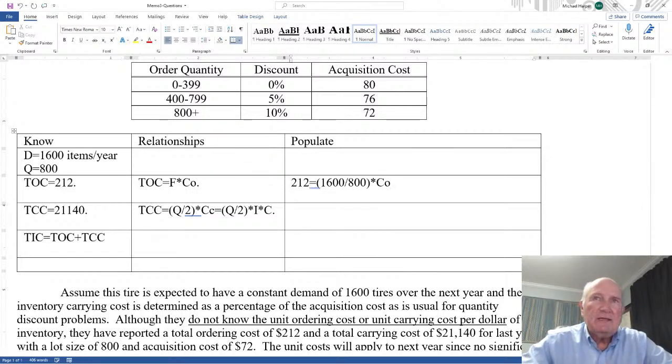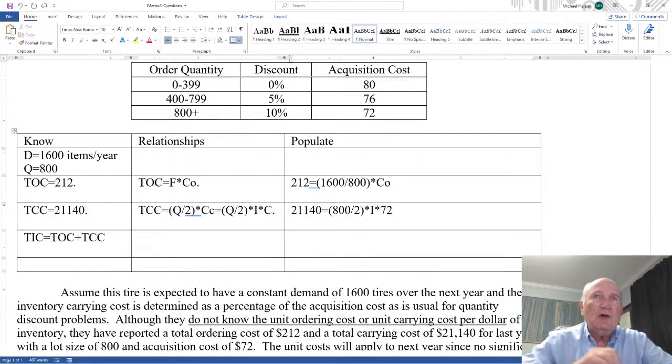And down here, what about the carrying cost? Our carrying cost is 21140 equals, well, we know our lot size Q, that's 800. 800 divided by 2 times I. We don't know that, but we know C, that's 72.